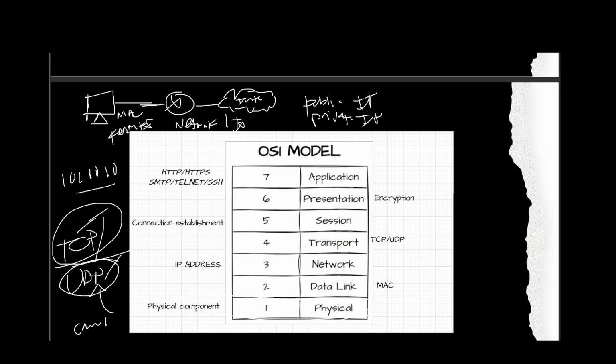Now for the session and presentation layers, this goes with the encryption part, like SSL. It goes with the back end and how the encryption and decryption happen from one device to another. So those are the session and the presentation parts. And lastly, the application layer.